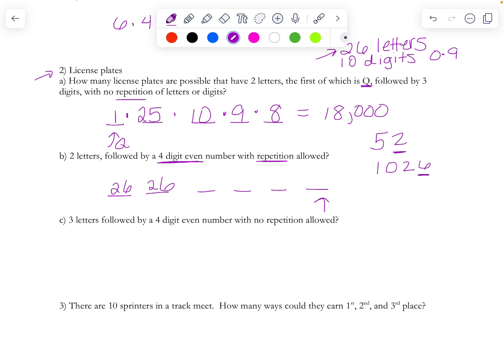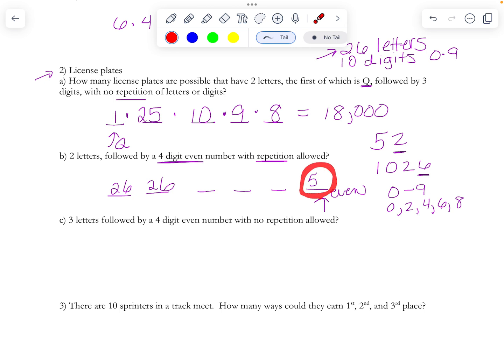Out of the digits 0 through 9, my even numbers are 0, 2, 4, 6, and 8, so I have 5 choices. That's the only place I have to worry about having an even number.